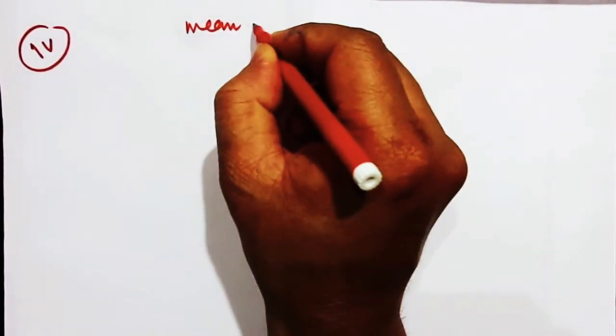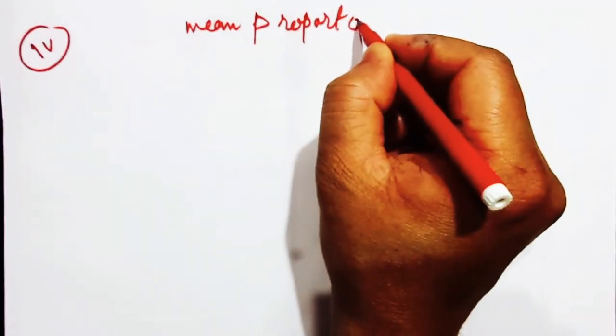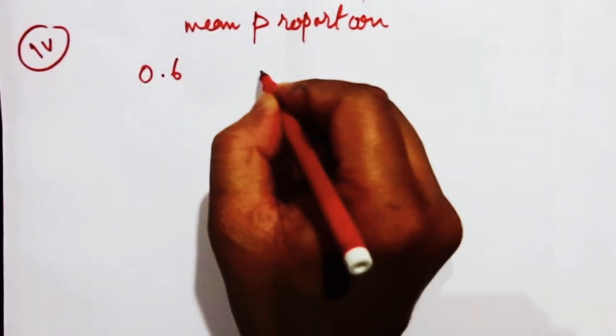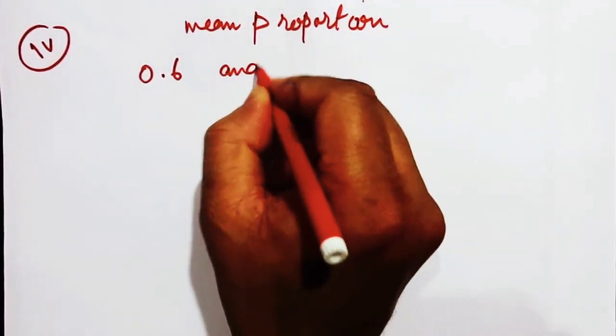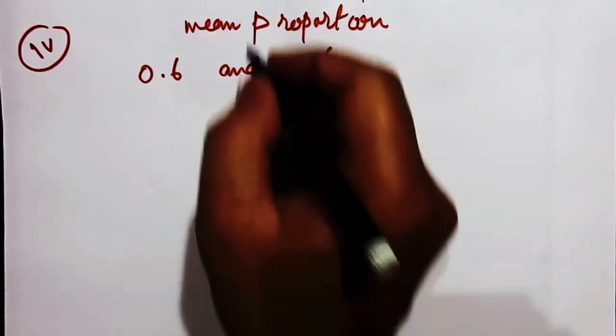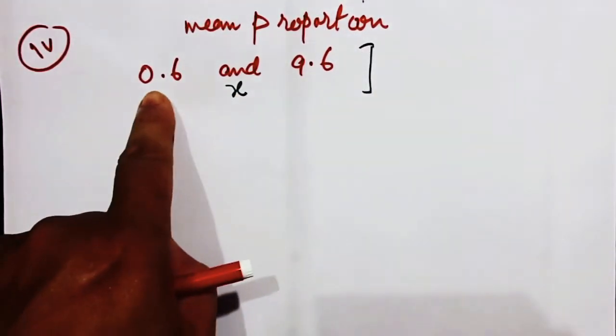Now in number 4, find the mean proportion between 0.6 and 9.6.